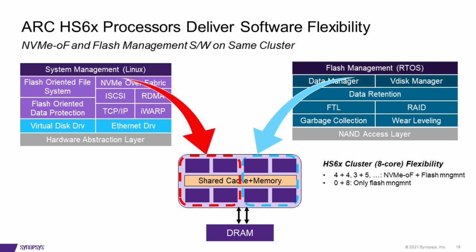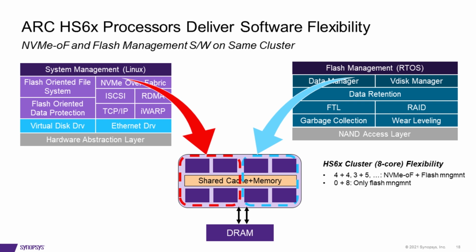As a real world example, you could easily create a system where some of the cores within the cluster need to run on Linux. Maybe it's managing the NVMe over Fabric interface and all the stacks and the Ethernet drivers and everything that's required for communicating with the host.